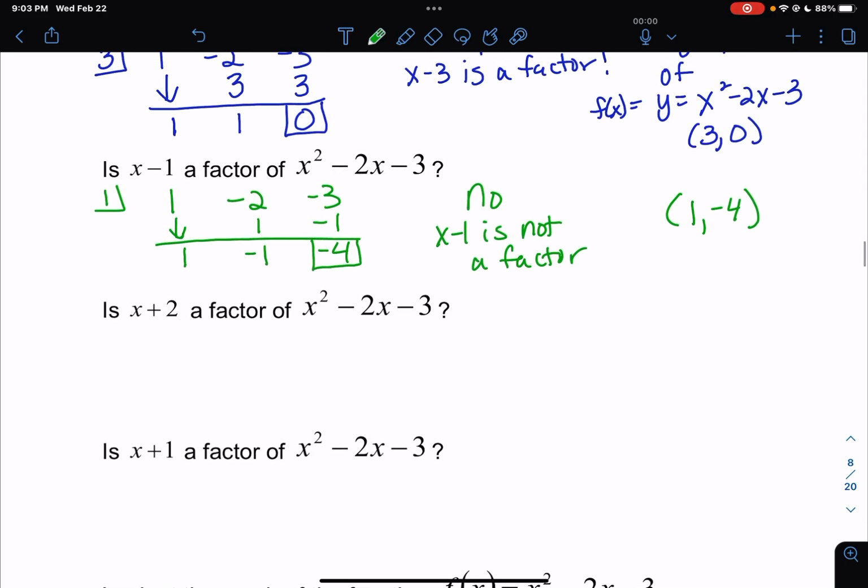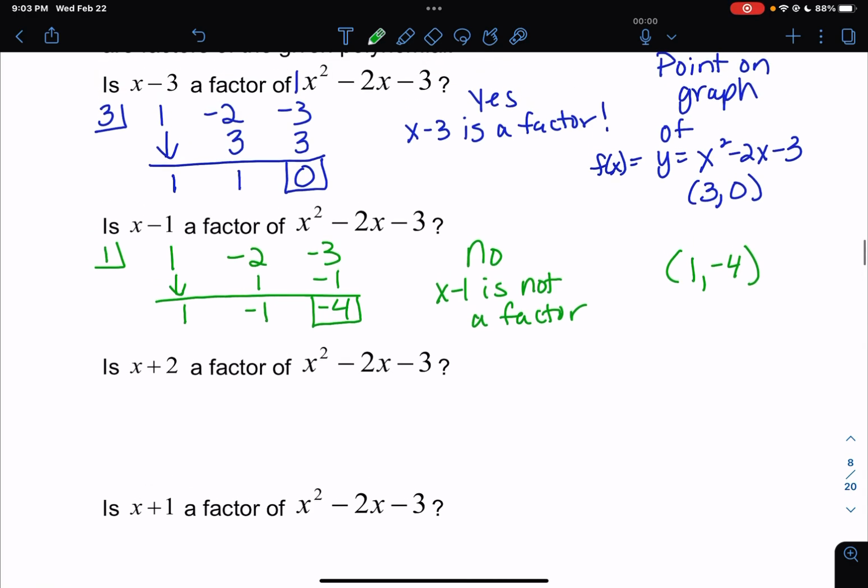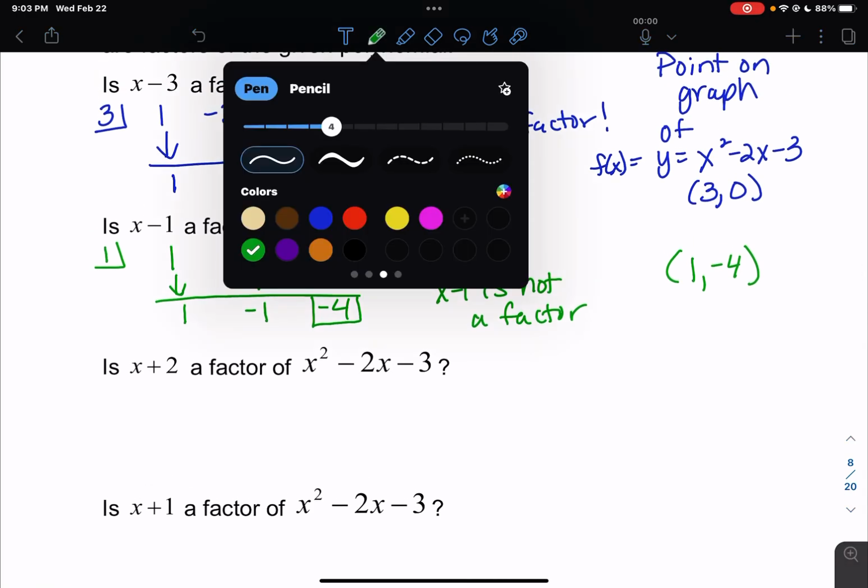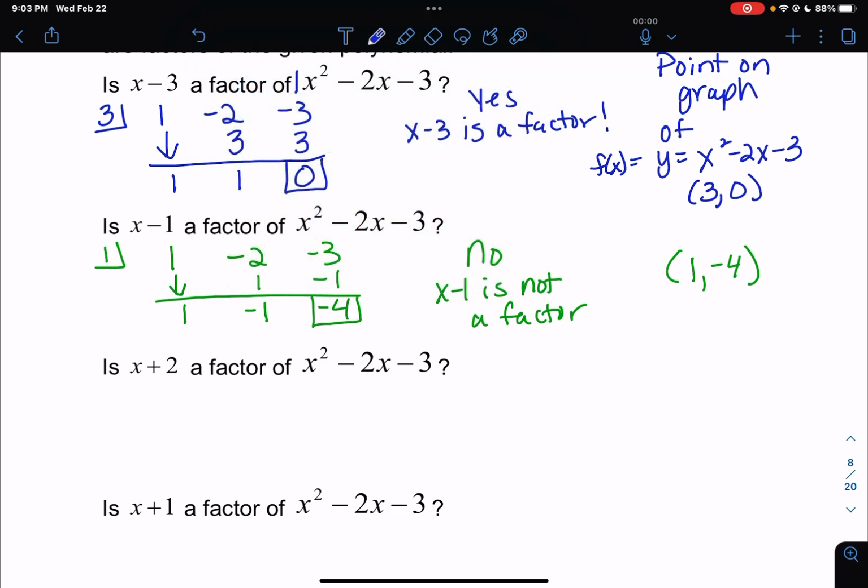That is going to correspond to the graph of that function. For the next example, let's look to see if x plus 2 is a factor. If x plus 2 is a factor, we want to put a negative 2 in the box set up for synthetic division using the coefficients 1, negative 2, and negative 3.